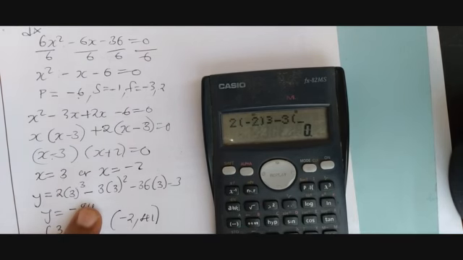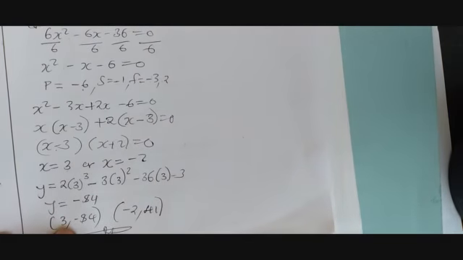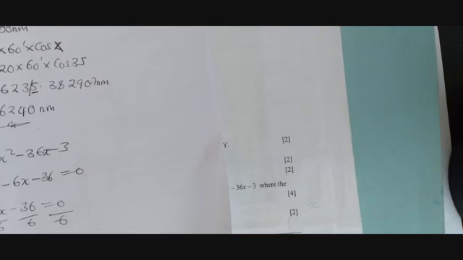Minus 3, open the bracket, negative 2 to the power 2, alright? Minus 36, open the bracket, you put negative 2, take note, sometimes you can make those mistakes if you're not careful. Negative 2, minus 3, right? So you get 41. So those are the coordinates of that curve, and you get how many marks? 4 marks here. All right.